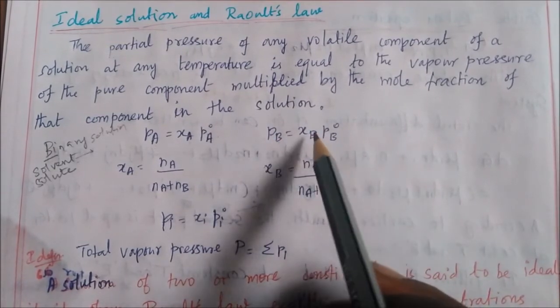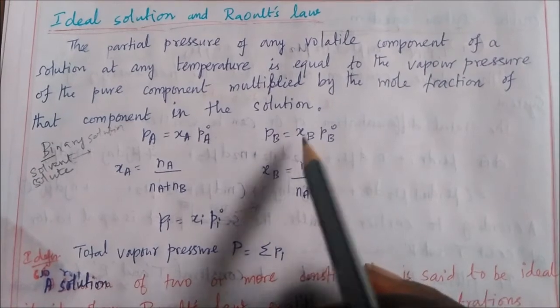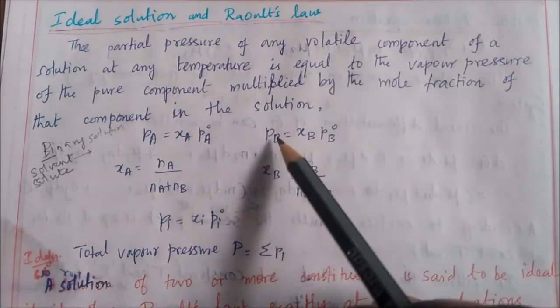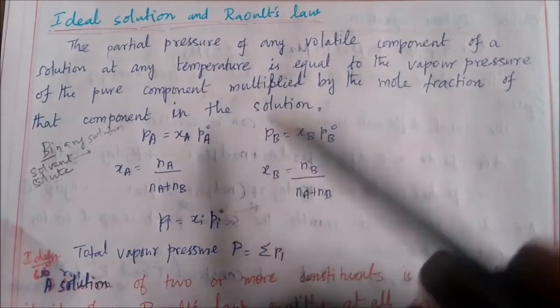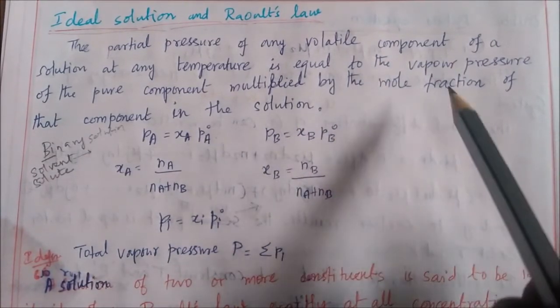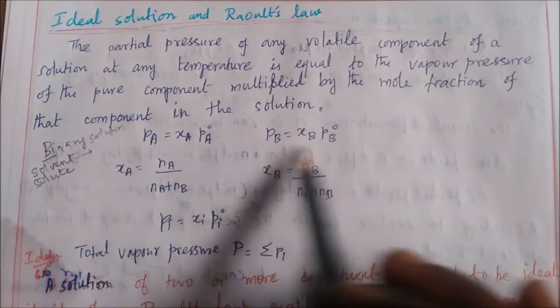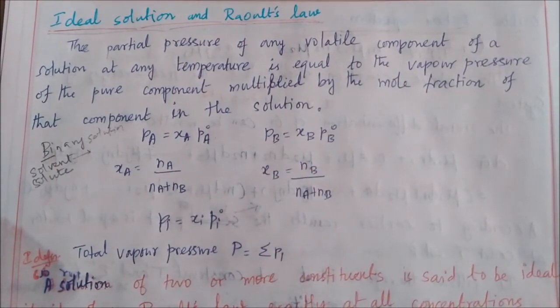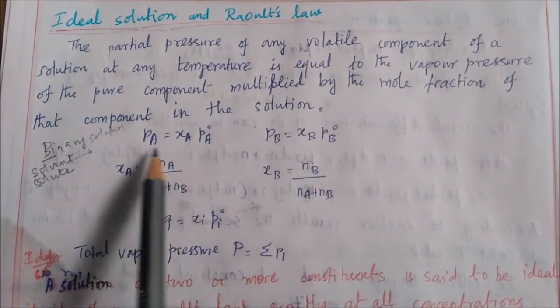And Xb is the mole fraction of the chemical B, and Pb0 is the partial pressure of the chemical B when it is pure, not in the solution. So these are the values.